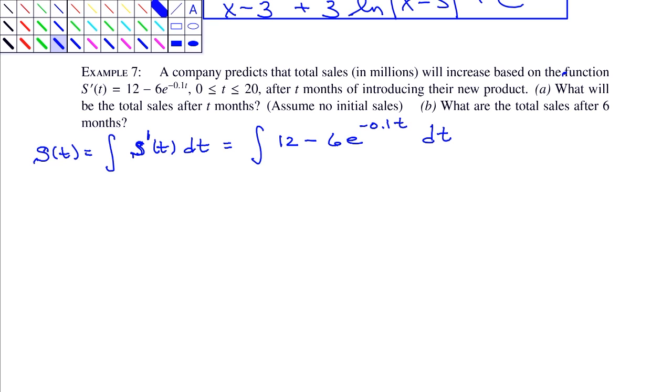Now, if this had been e to the t, we could just integrate it. But it's not, so we can't. We have to use substitution. So we're going to let u be that exponent.